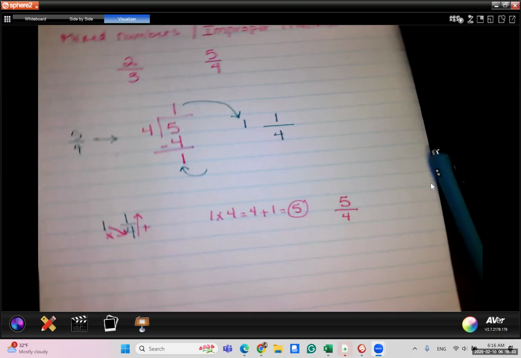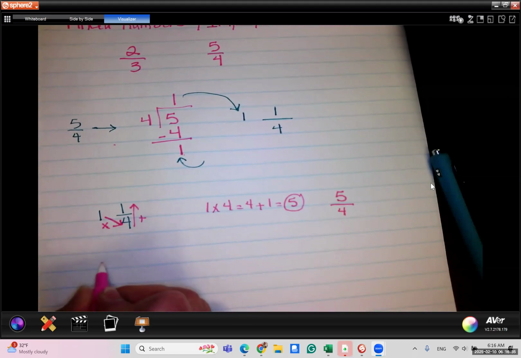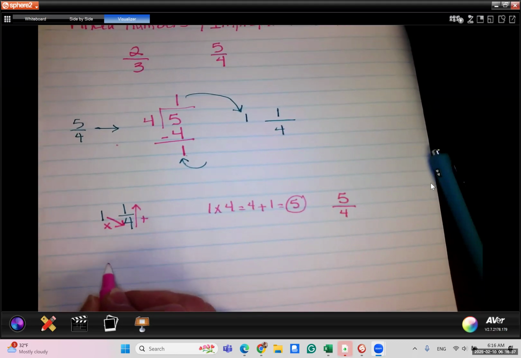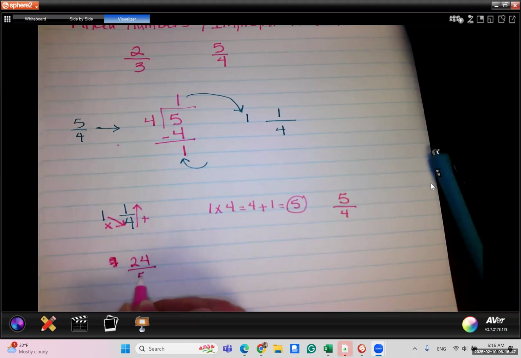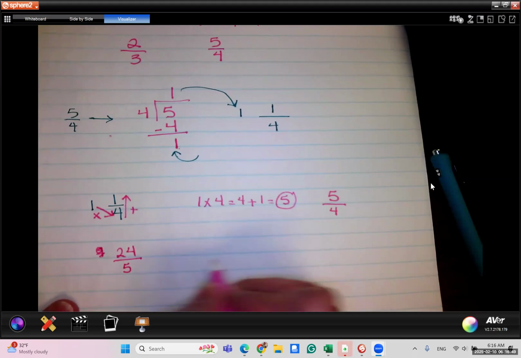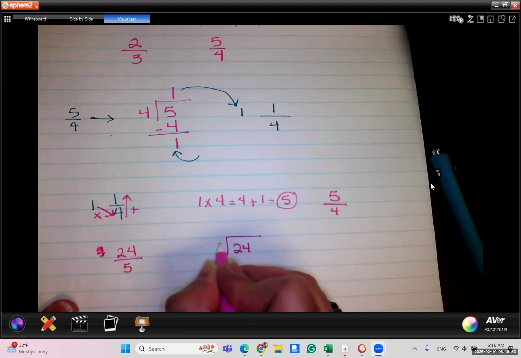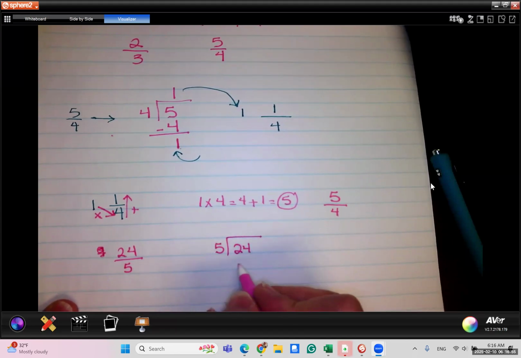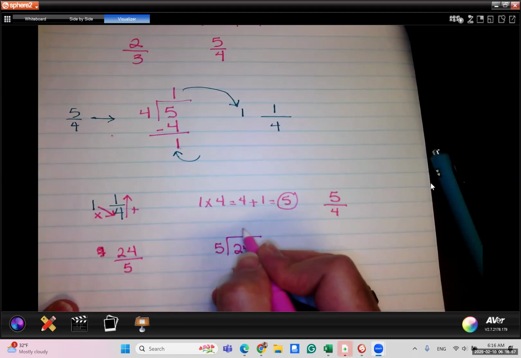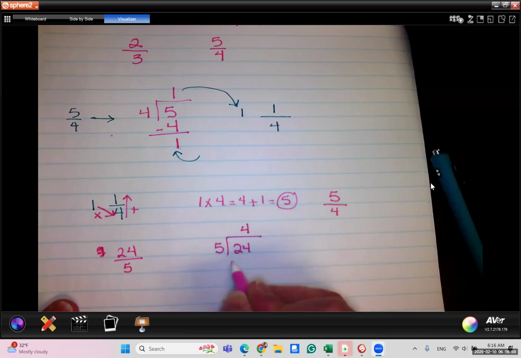Let me give you another example. Let's make it a little bit larger, 24 over 5, okay? So to change it into a mixed number, I'm going to divide 24 by 5. 5 goes into 24 4 times, okay? 4 times 5 is 20.